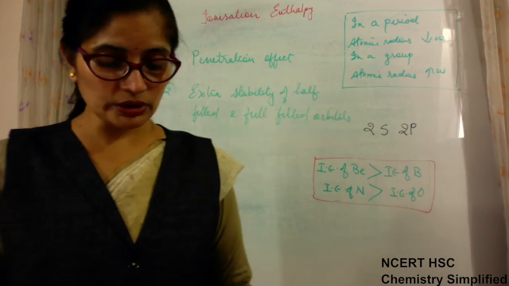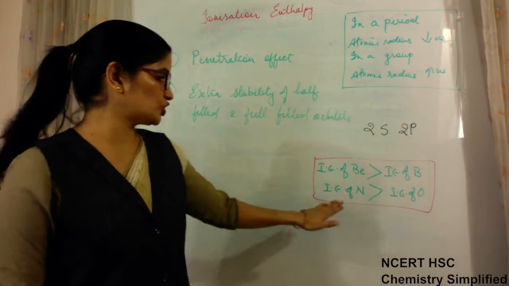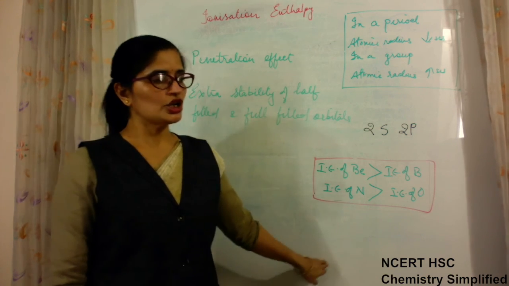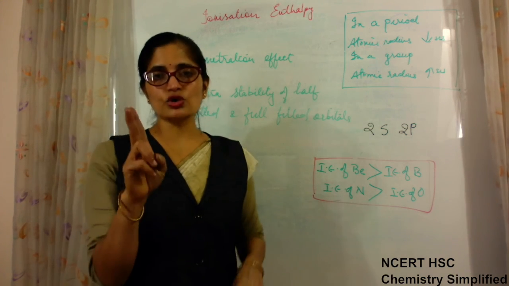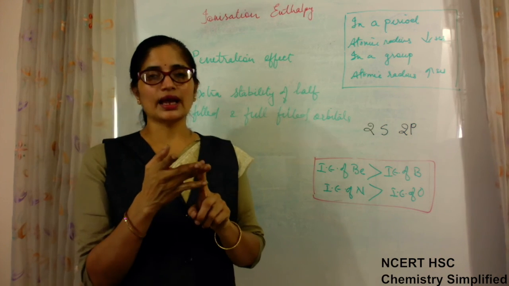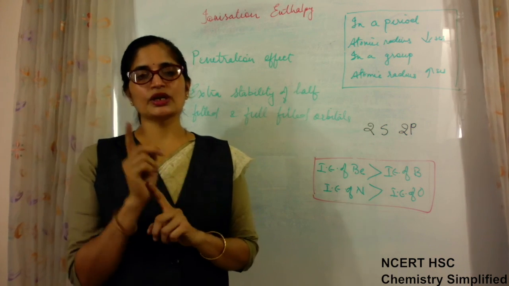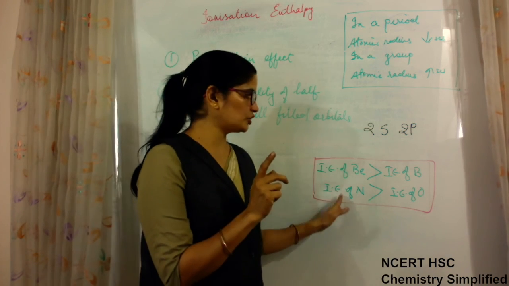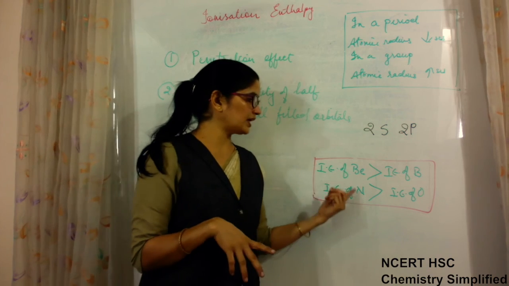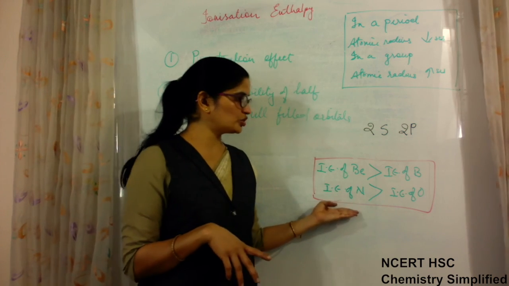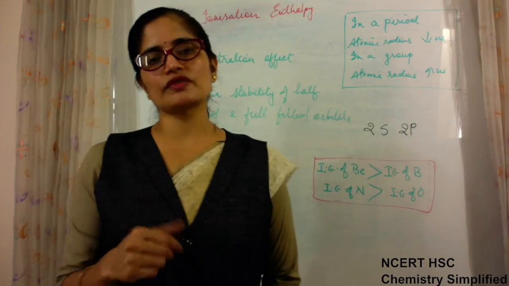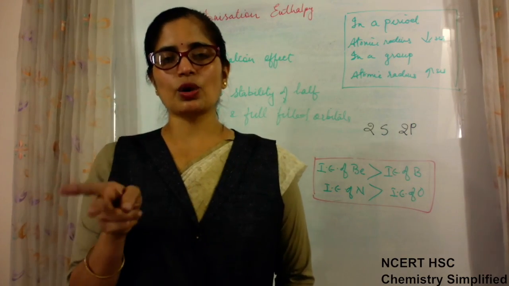Now today we will stop here because the explanation of it will take time to complete. But you will think about those 2 points I have told you: penetration effect and extra stability. You will draw the electronic configuration of both and think about which factor is applicable in which case. In case of nitrogen, in case of beryllium, which factor is applicable, and because of that this trend has got reversed.